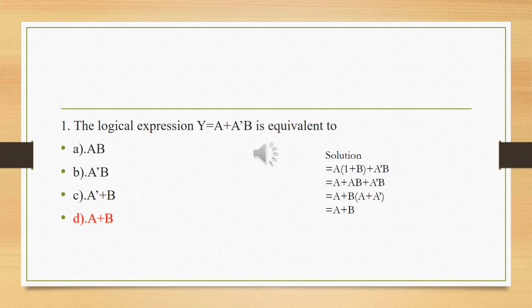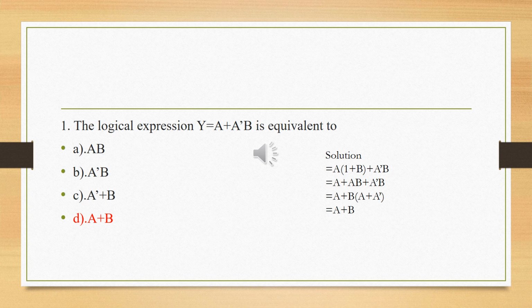We can consider that y depends on 2 variables, a and b. In the first logic term, you first have to check for missing terms. So here only a is available, b is missing. So adding b, we consider 1 plus b, because 1 plus b is equal to 1, and a into 1 becomes a. So this is equivalent to a only. So a into 1 plus b, plus a bar b.